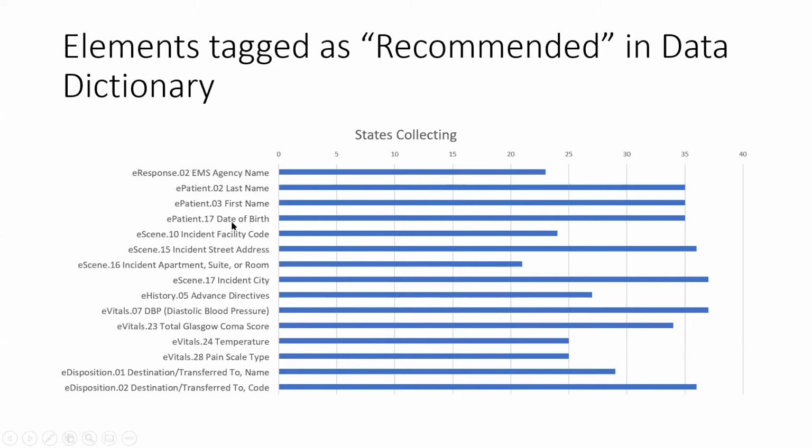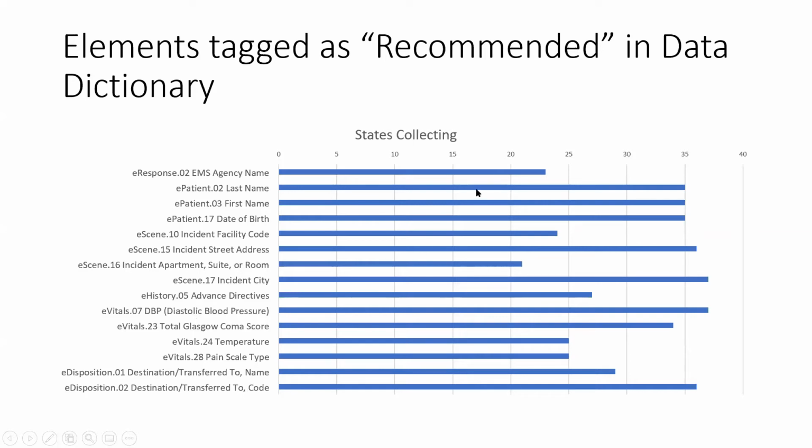That's important to them for linking the EMS records with the billing data that comes in from the EMS agencies and other data that they'll be linking with. The incident location, they're getting street address, city, etc. Advanced directives, a few additional vital signs, and the destination or transferred to name or code.